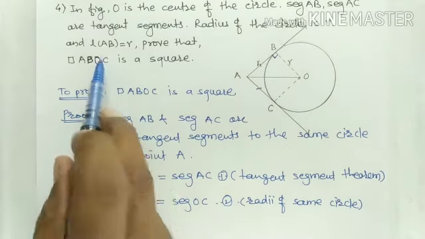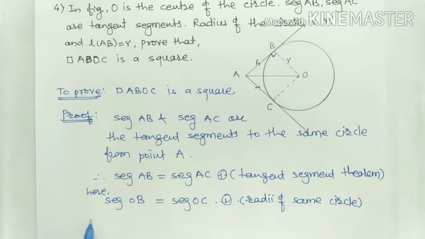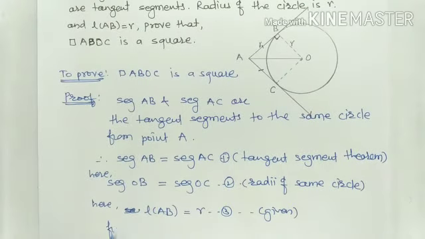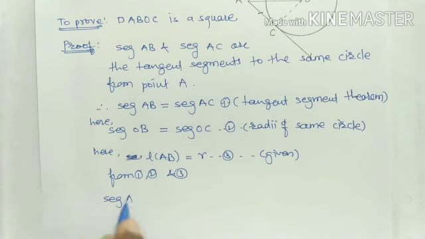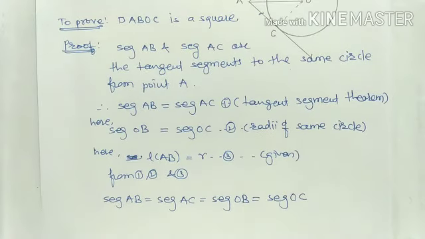And it is given that length of AB equals R. Here seg AB, length of AB असंच लिहूया, equals R. It is given, and therefore from first, second and third, segment AB equals segment AC equals segment OB equals segment OC.